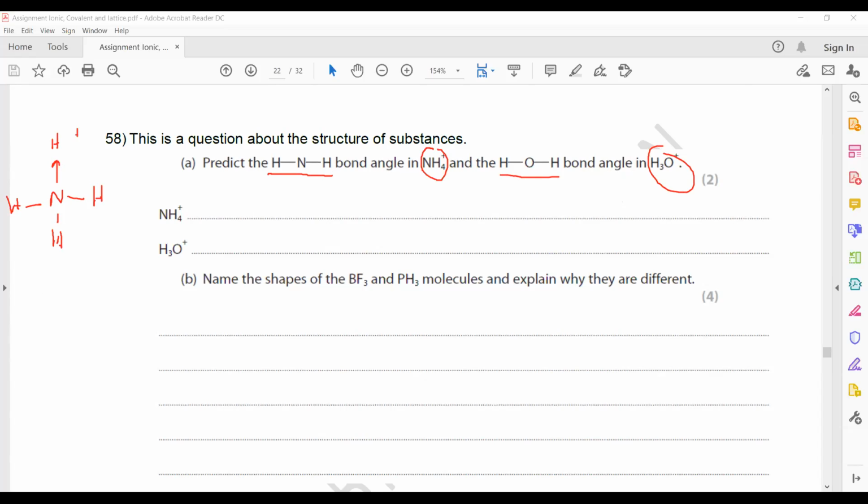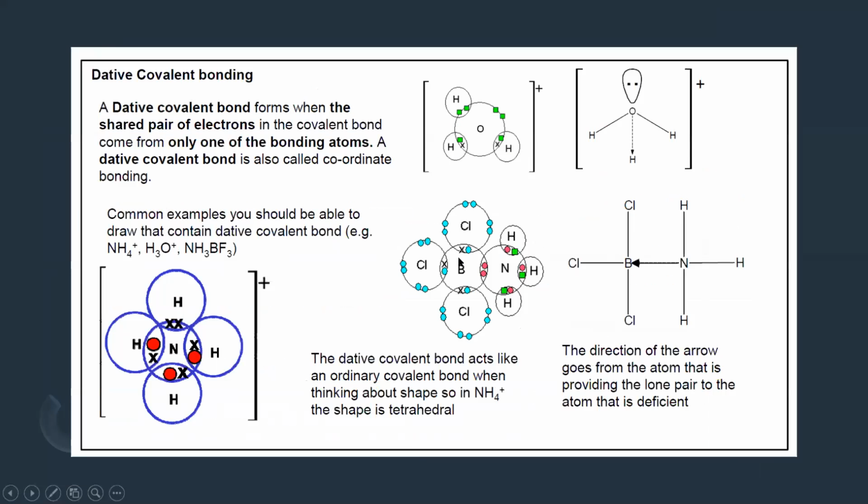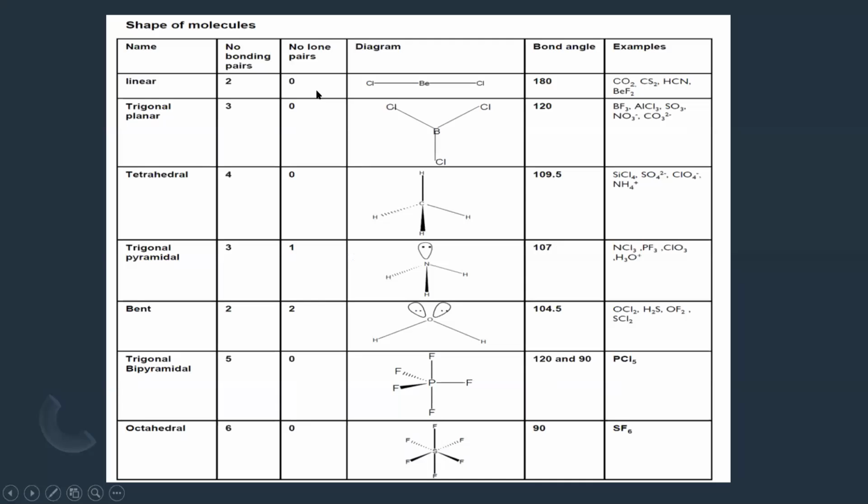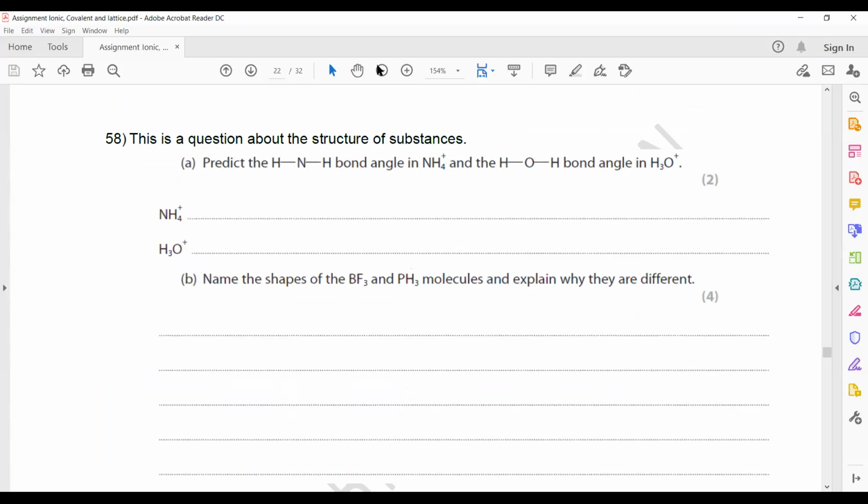So whenever 4 bond pairs are there, if you check the table, with 4 bond pairs and no lone pair, it will be tetrahedral with a bond angle of 109.5. So when you predict this structure and the bond angle, it will be 109.5. When H3O+ you are predicting, one is the dative bond, and still 1 lone pair is there.